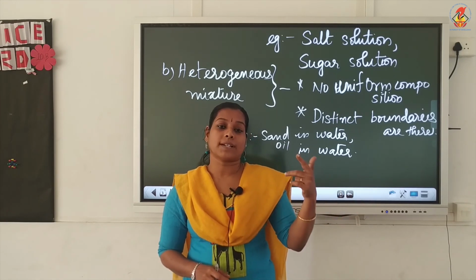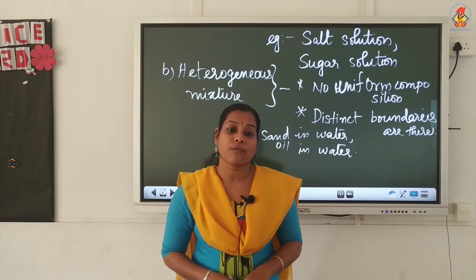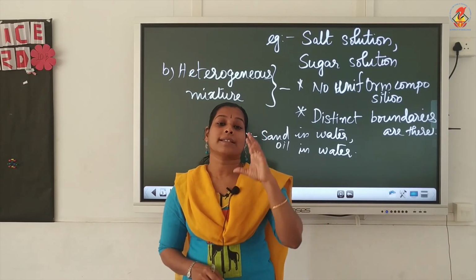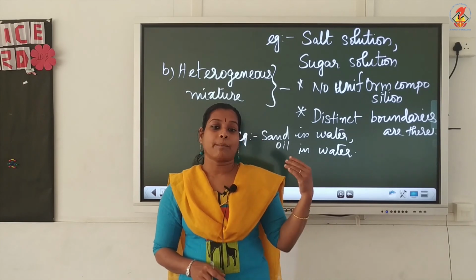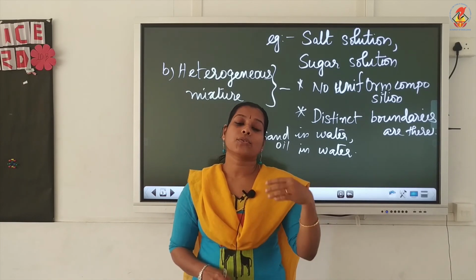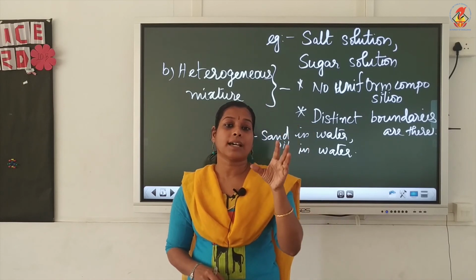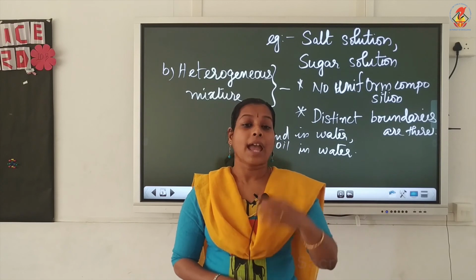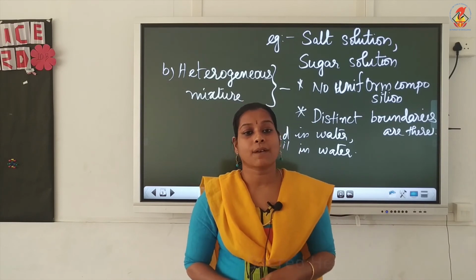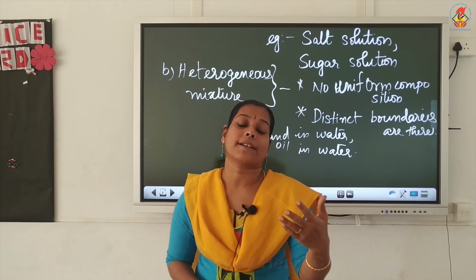In homogeneous mixtures there is uniform composition and no distinct boundaries between the components. Example, salt in water. Heterogeneous mixtures means there is no uniform composition and distinct layers are also present. Example, sand in water.